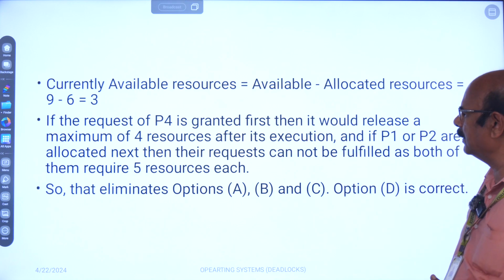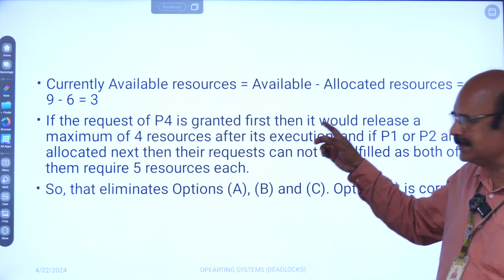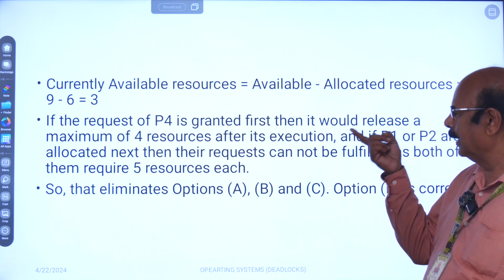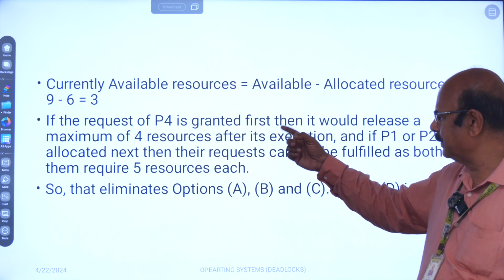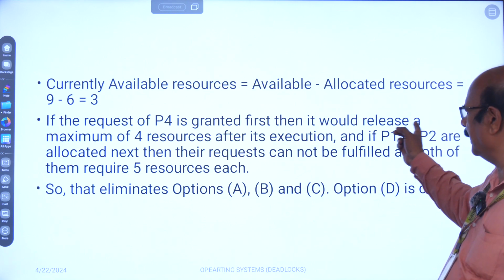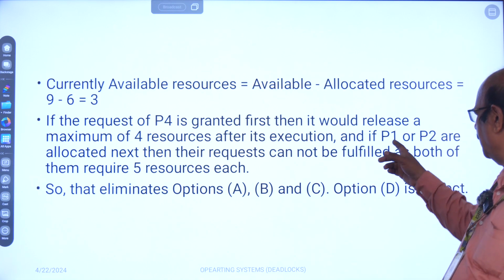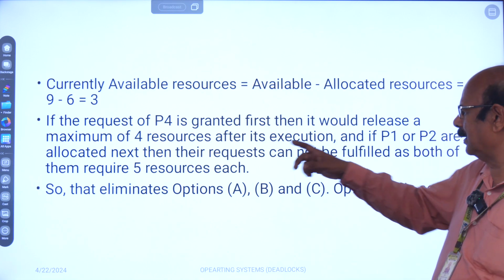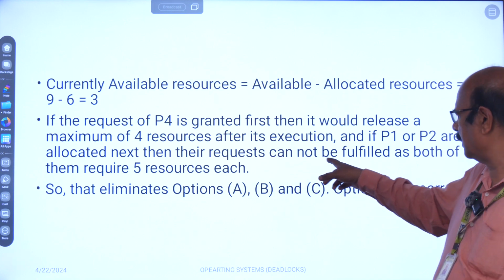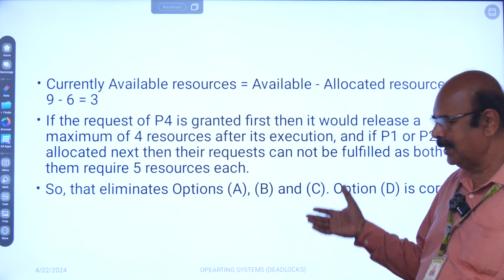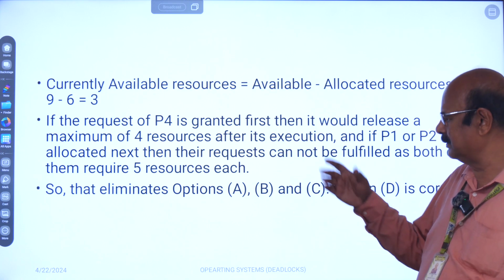So currently available resources: available minus the allocated resources is equal to 9 minus 3, which is 6. If the request of P1 is granted first, then it would release a maximum of 4 resources after its execution. And if P1 or P2 are allocated next, then the request cannot be fulfilled, as both of them require 5 resources according to the matrix we have shown.